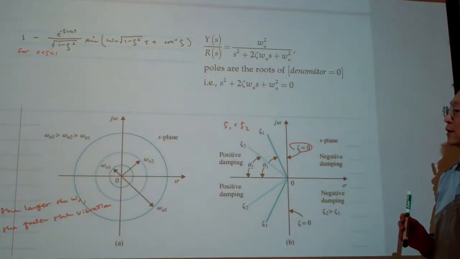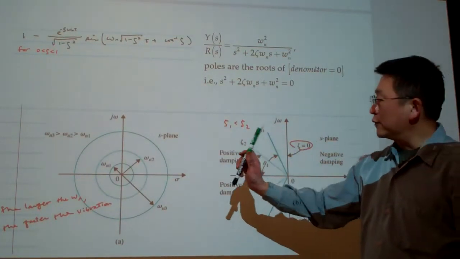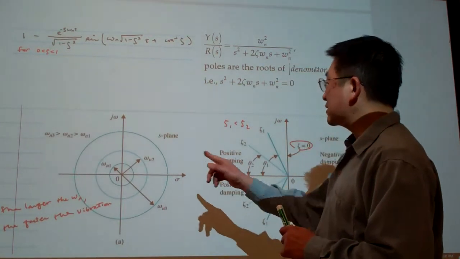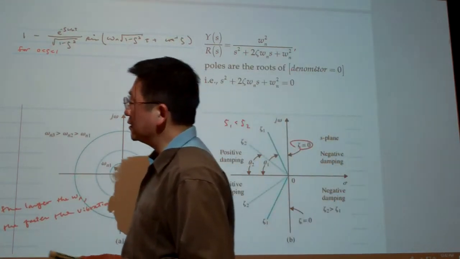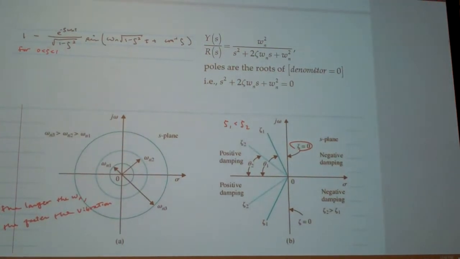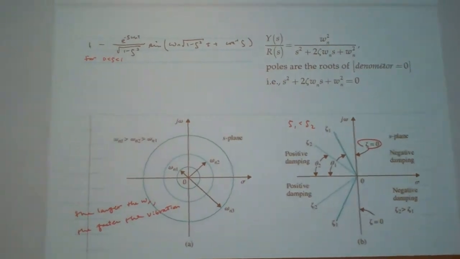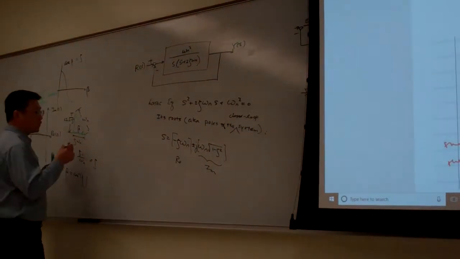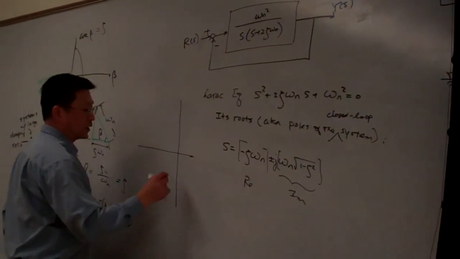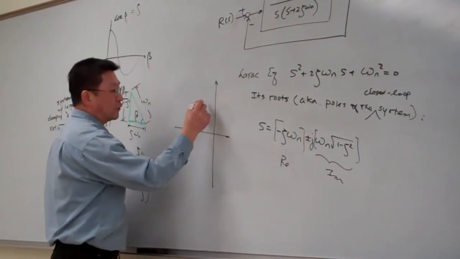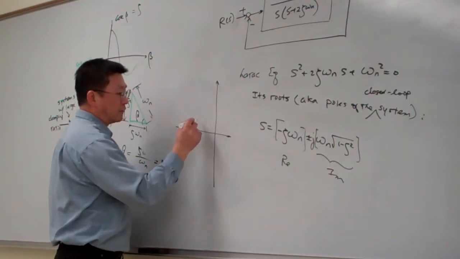Let me make one case here so we can compare. This is a complex plane, and here we have two systems. One system is, for example, here.